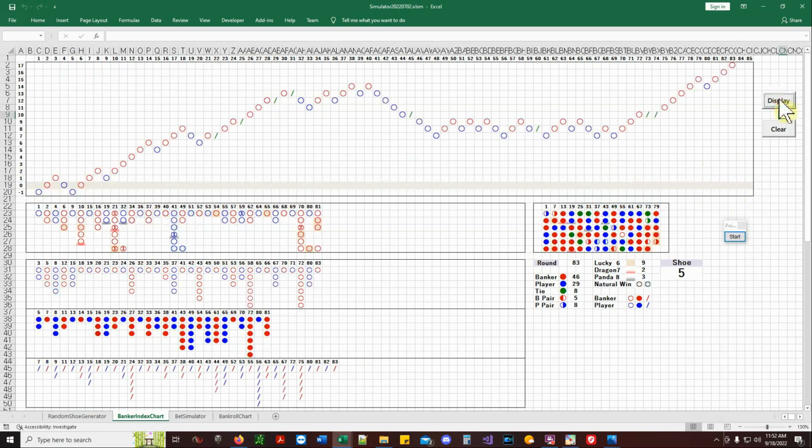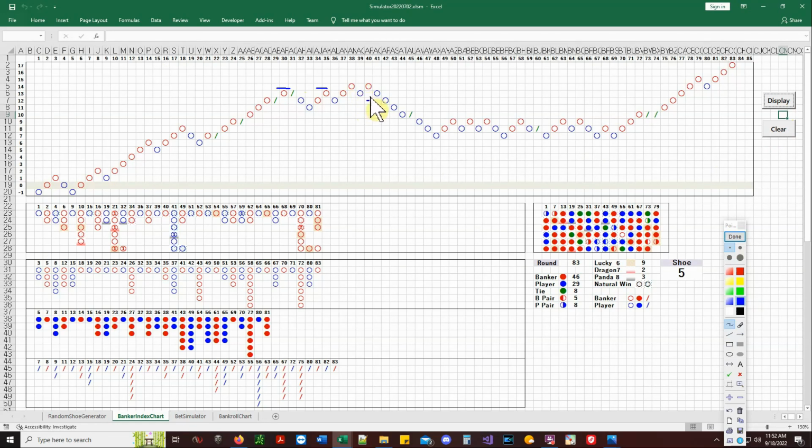Let's see if we can find a shoe where it's hooking like crazy. Here's a hook play that did not work. Here is a hook play that did not work. Resistance, resistance. Here's a hook play.